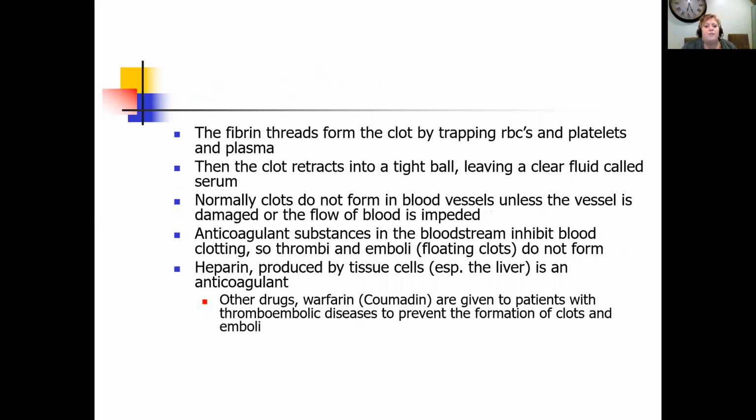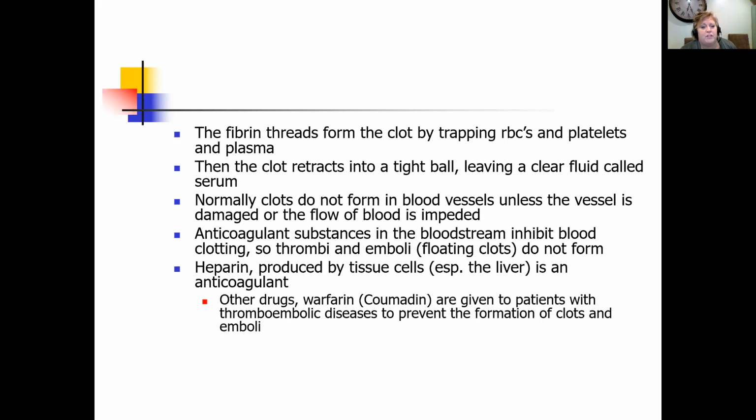Normally, clots do not form in blood vessels unless the vessel is damaged or the flow of blood is impeded. And anticoagulant substances in the bloodstream inhibit blood clotting, so thrombi and emboli do not form. A thrombus is a clot, and an embolus is when the clot moves from one area of the body to another.